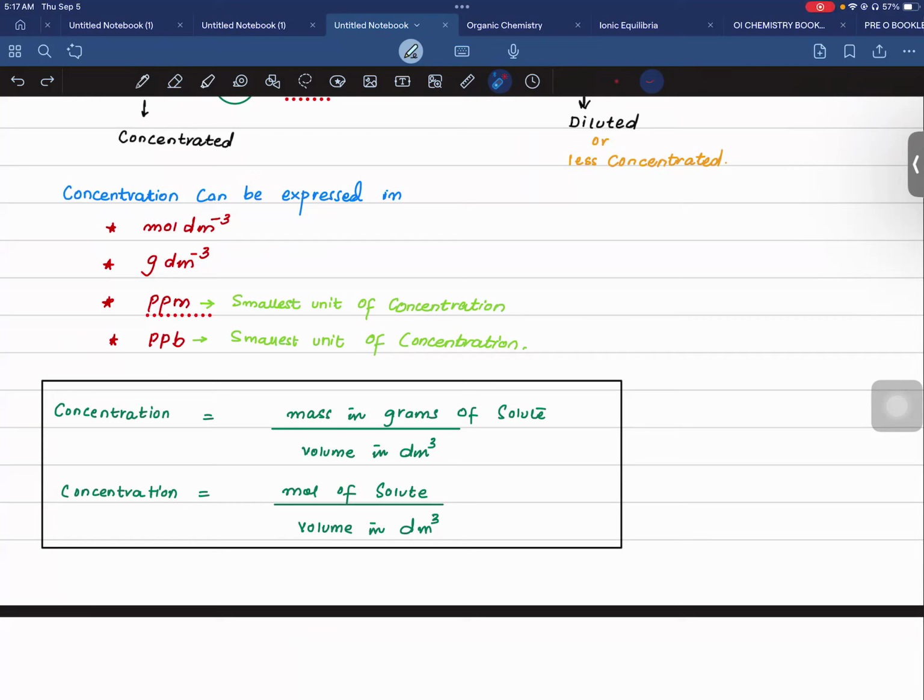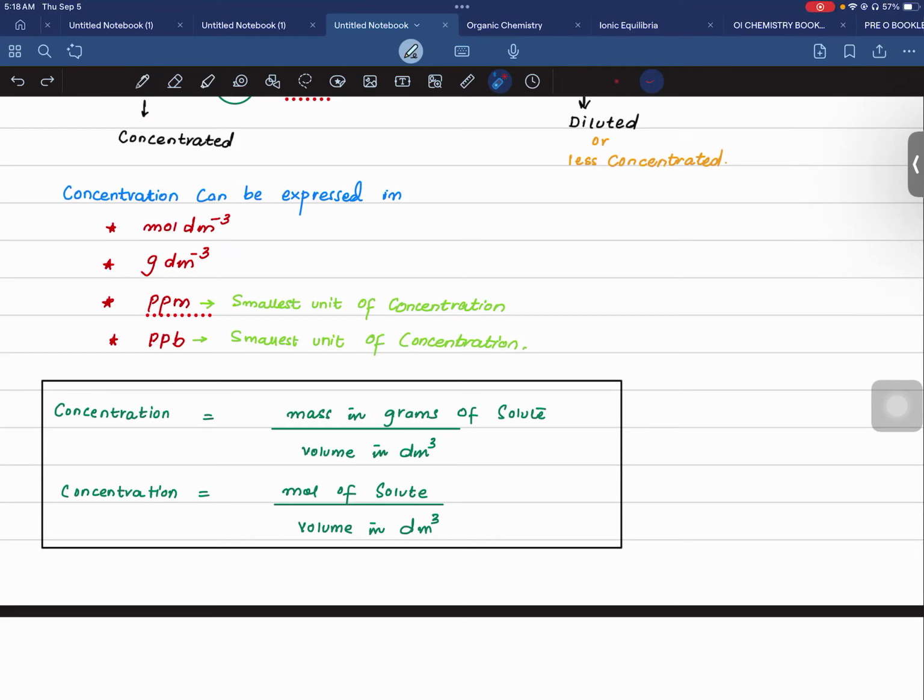You can take the amount of solute in grams as well as in moles, so both are relations of concentration. Concentration is mass over volume, and also mole over volume. So concentration can be expressed in mole per dm cube, and also in grams per dm cube.